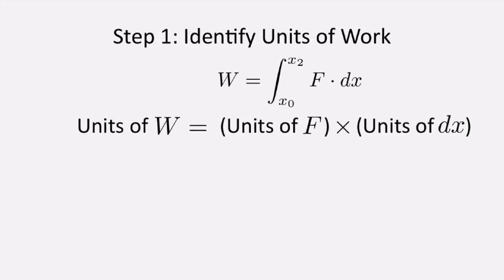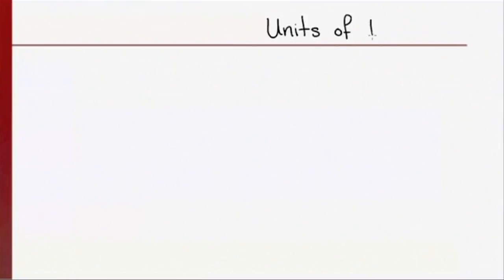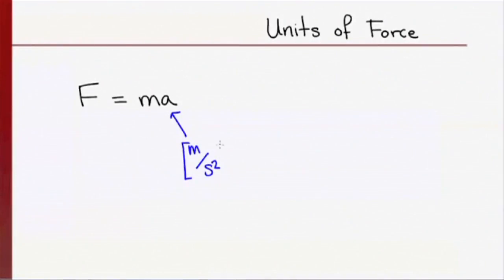Let's start by figuring out the units of work. We do this by analyzing our equation, which tells us that the units of work are the units of force times the units of dx. Now, if we forgot what the units of force are, we can use unit analysis again to figure this out. We know that F equals ma, and acceleration is in units of meters per second squared, and mass has units of kilograms.